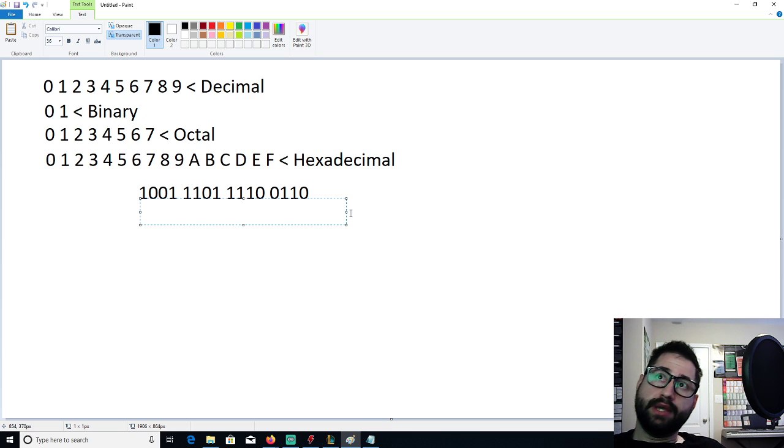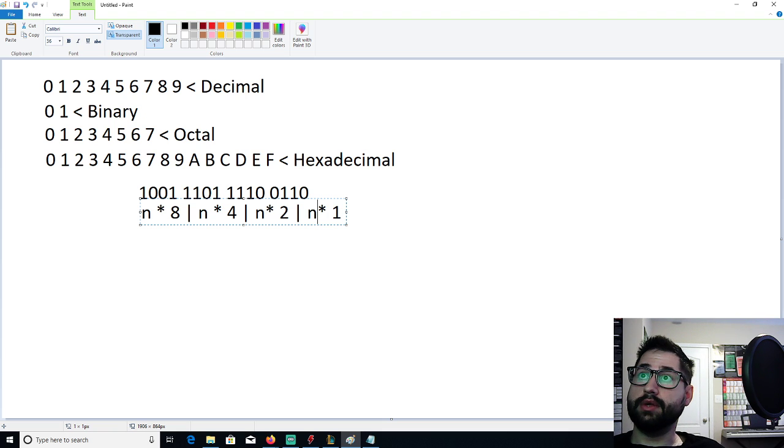Let's take what we learned about binary. The columns when you have 4 digits are going to be a 1's column, a 2's column, a 4's column, and an 8's column. So n times 8 in the first column, n times 4 in the second column, n times 2 in the third column, n times 1 in the fourth column.